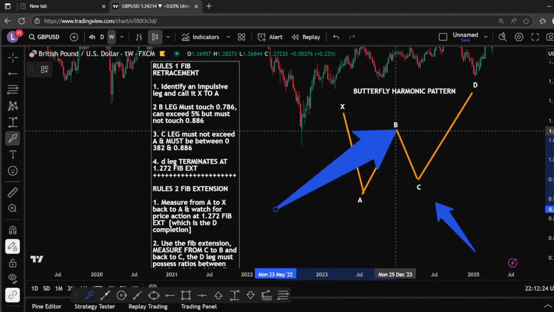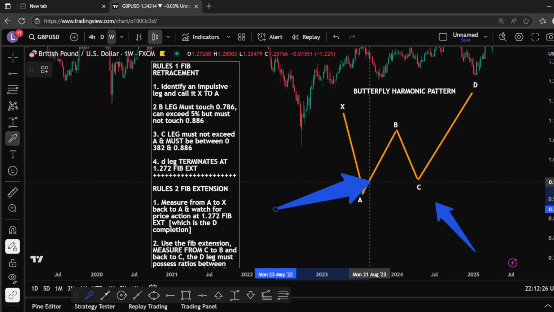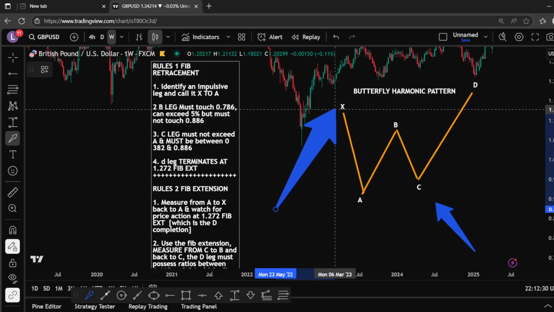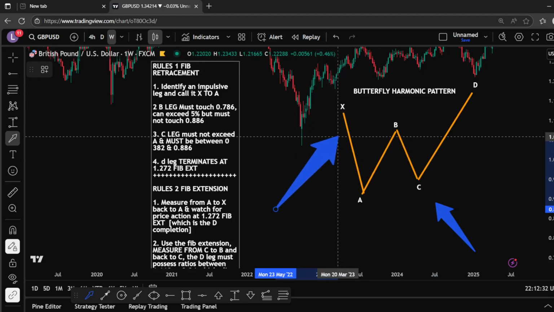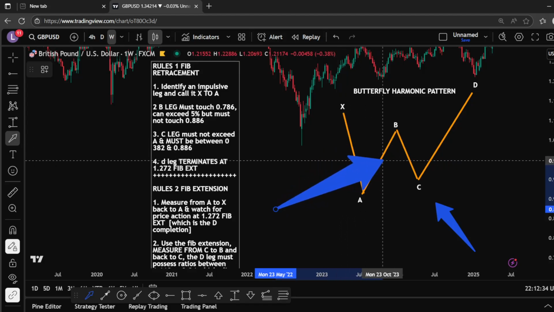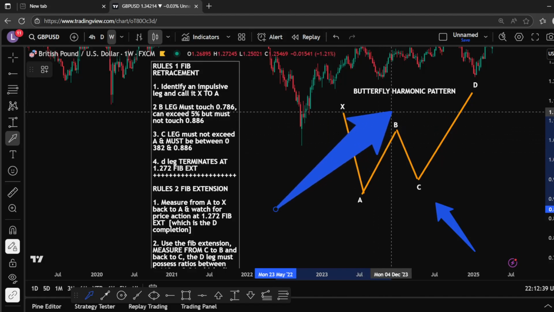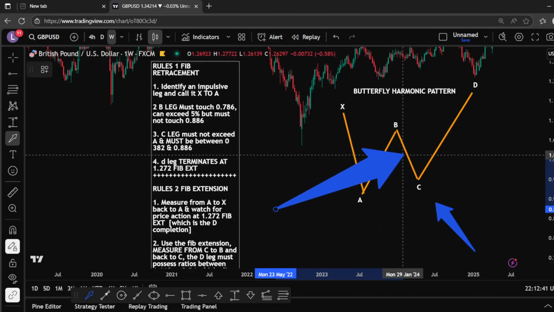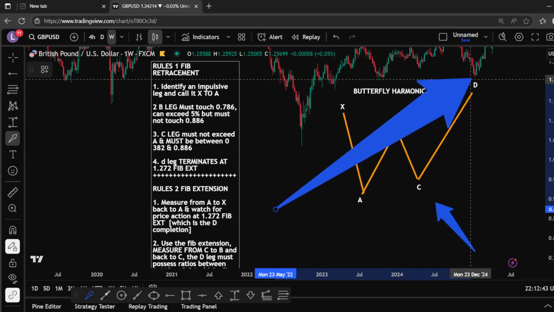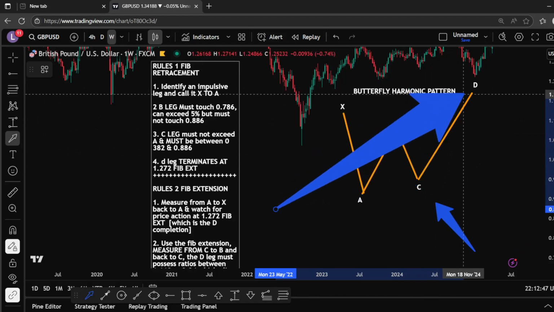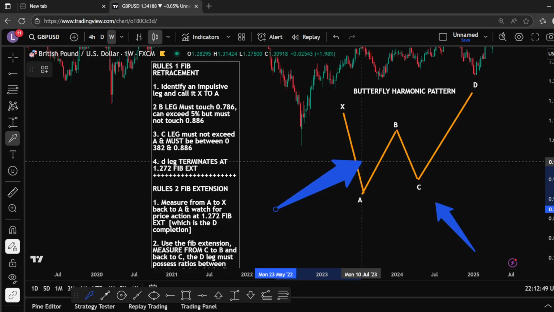The M formation is the bullish pattern. So the X to A is our impulsive leg, and then the B leg is our retracement, the C leg is the pullback of the B, and then the D is the extension, the completion of the pattern.